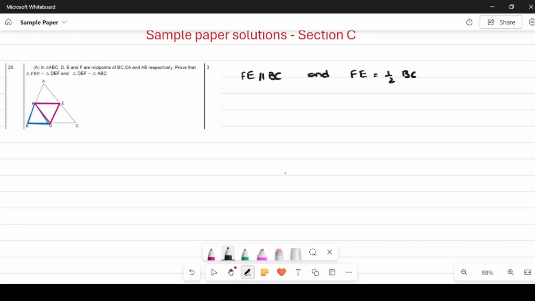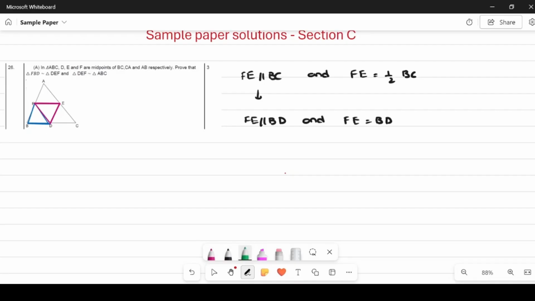Right, FE is parallel to BC means in turn FE is parallel to BD also and FE is parallel to CD also, right? And FE is half of BC, and since D is the midpoint of BC, FE is equal to BD. So from this we can write FE is parallel to BD and FE is equal to BD, right?